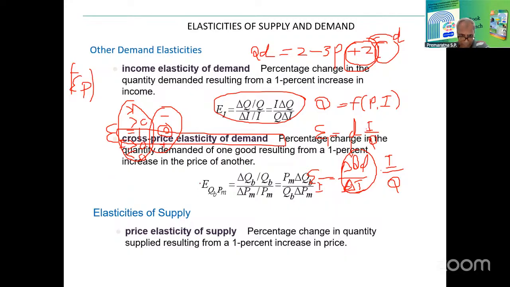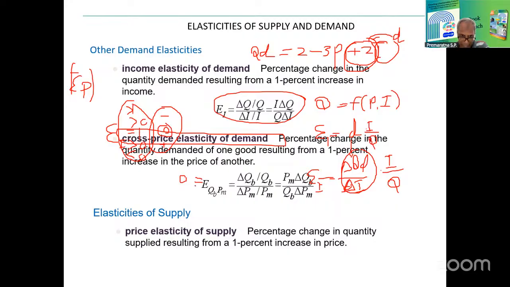The cross price elasticity can also be zero, which means there is no relationship between these two goods, let's say the price of cars and demand for pens.